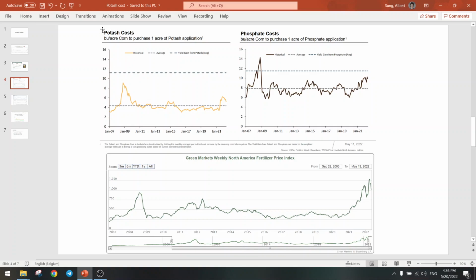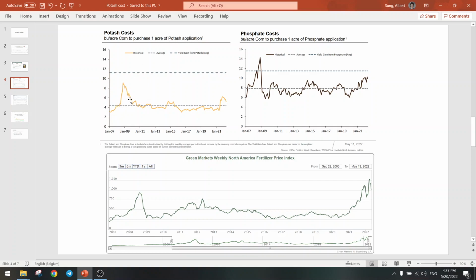Now, let's look at the cost side. The cost side is this curve, this yellow curve here. And that's the amount of bushels per acre of corn that the farmer needs to pay to actually get the potash product and apply it to the field.